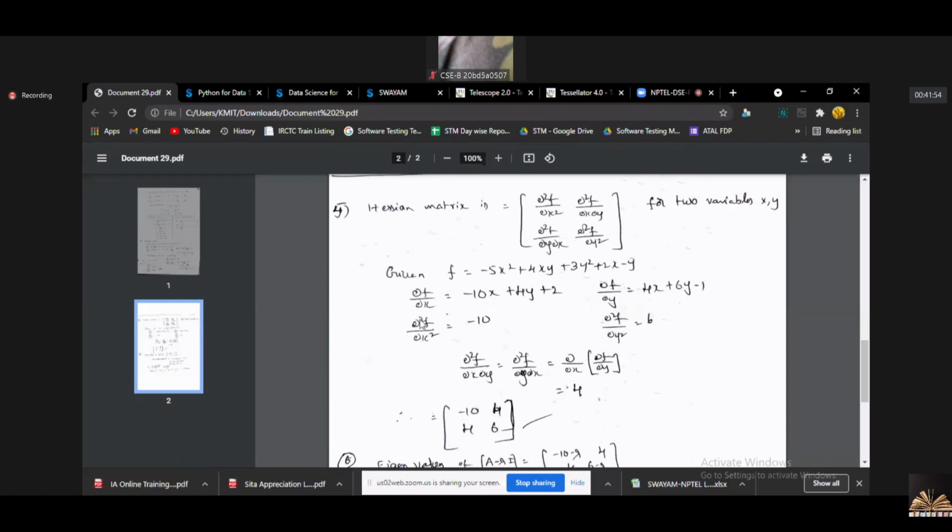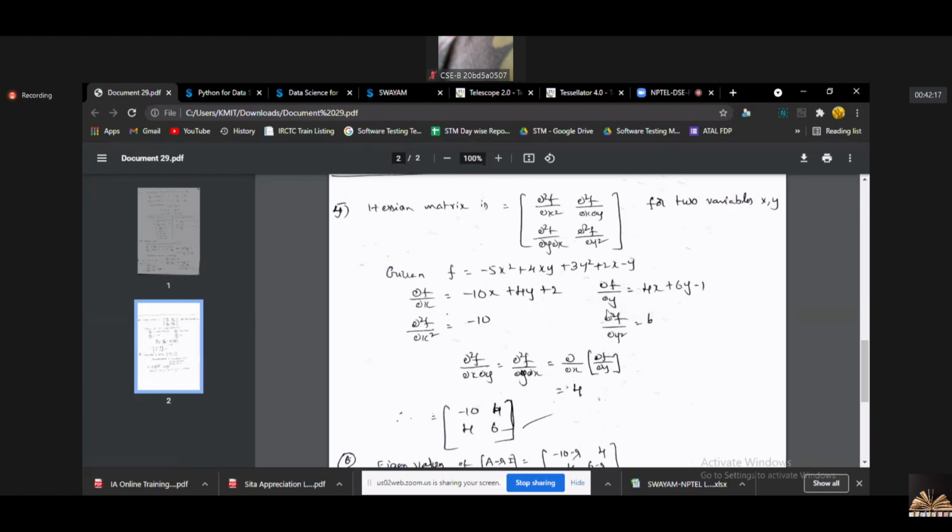Now what about the second derivative from this first derivative? Dou square f by dou x square, with respect to x we get only minus 10. Now come to dou f by dou y, the first derivative with respect to y.